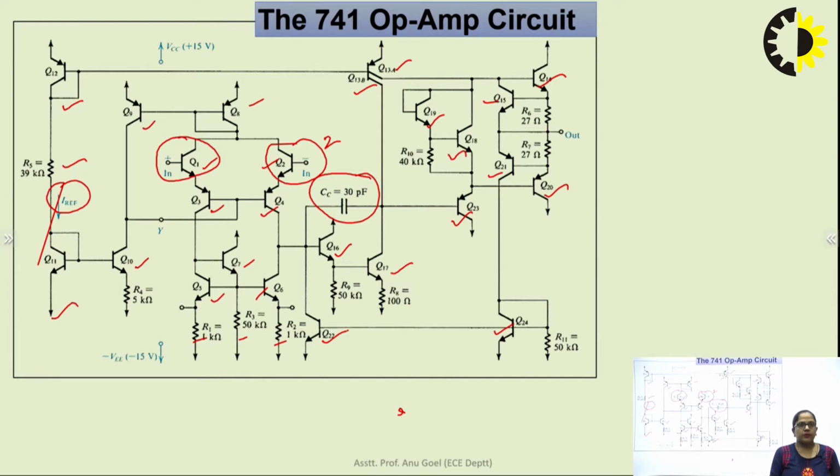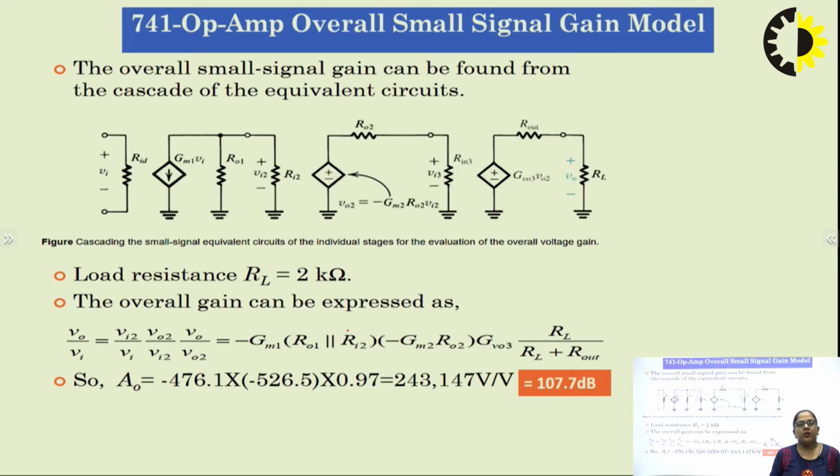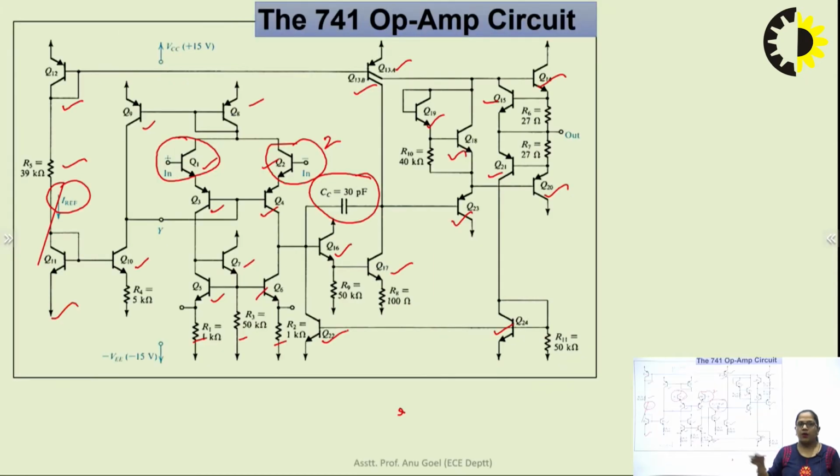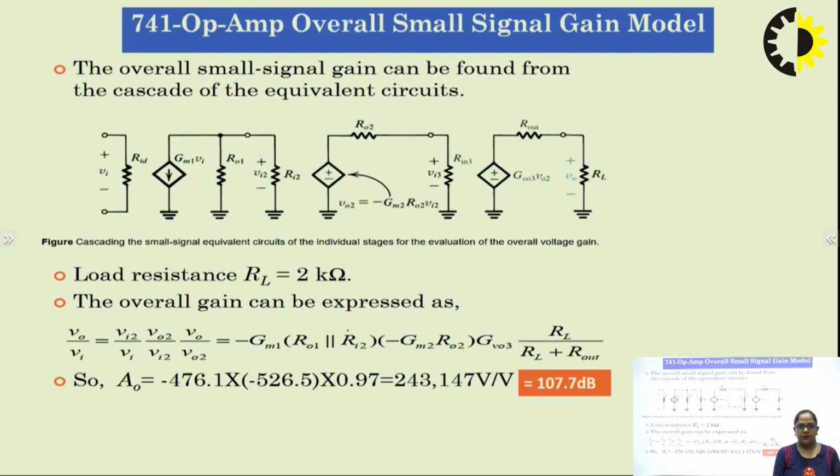Now let us discuss the overall small signal gain model of op-amp IC 741. What is the overall gain model of op-amp IC 741? As we know that the open loop gain of an operational amplifier is ideally infinite and practically it is very high. So with the help of the internal circuit diagram of this op-amp IC, we can actually calculate the practical value of gain for op-amp IC 741.